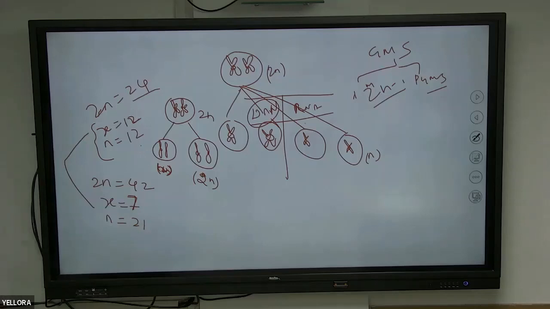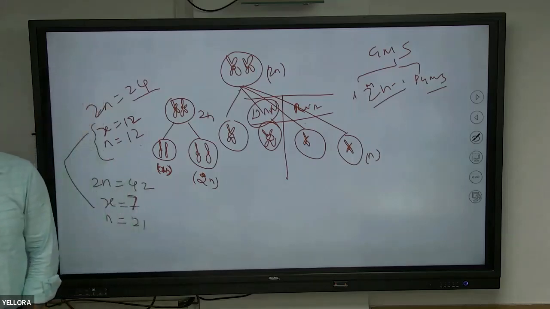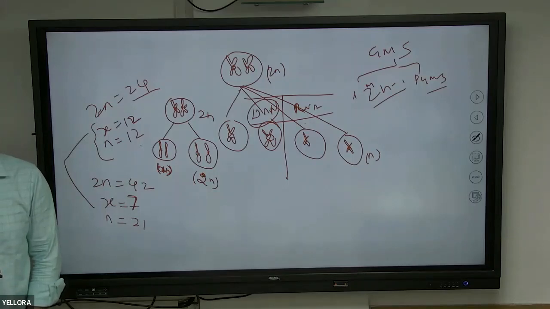Same is the case for cotton, potato. What's the chromosome number for cotton? 52. So cotton, 52. So what's the basic chromosome number? Cotton is a tetraploid species. So 52 divided by 4 is 13. So basic chromosome number is 13.